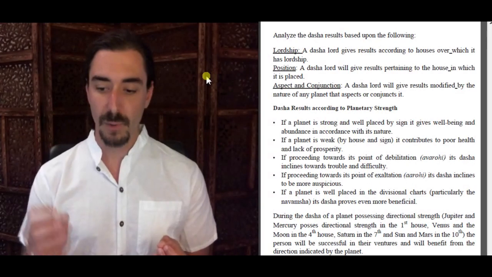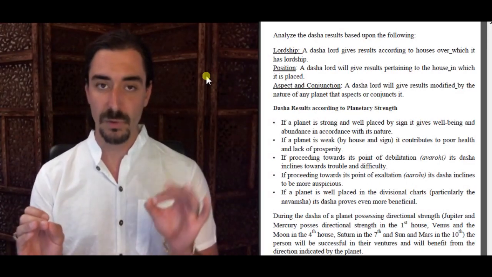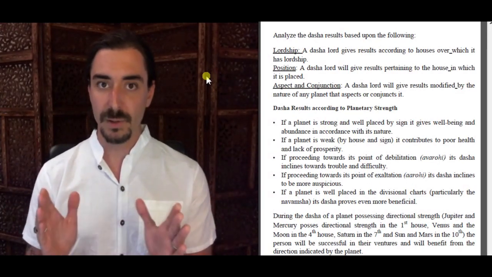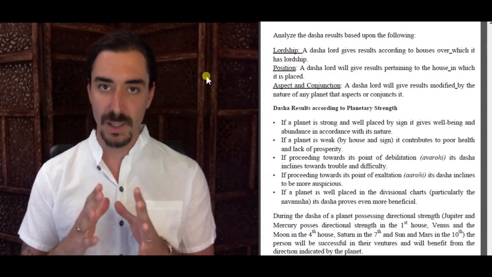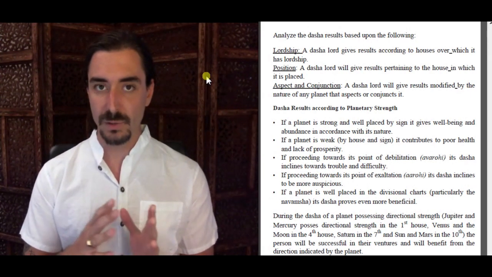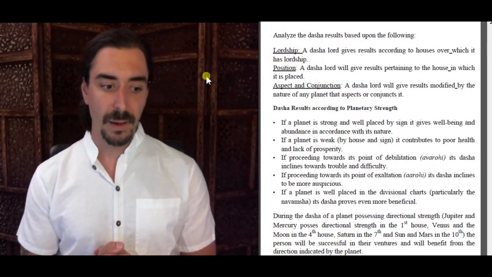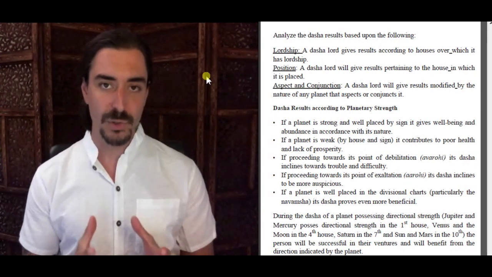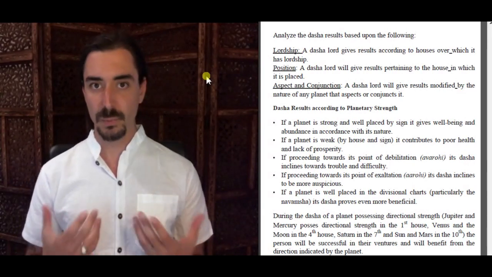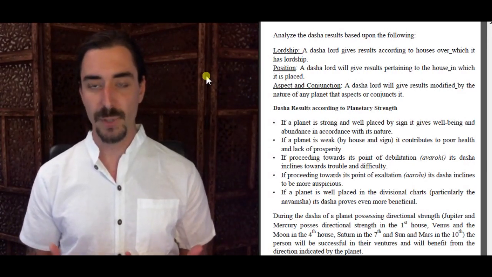So one person's Mars may still be in Leo, the other person's Mars is in Leo, but based on the degree, it's going to impact how that Mars functions throughout the Vargas, the divisional charts. And that will change how that dasha expresses itself through different areas of your life.